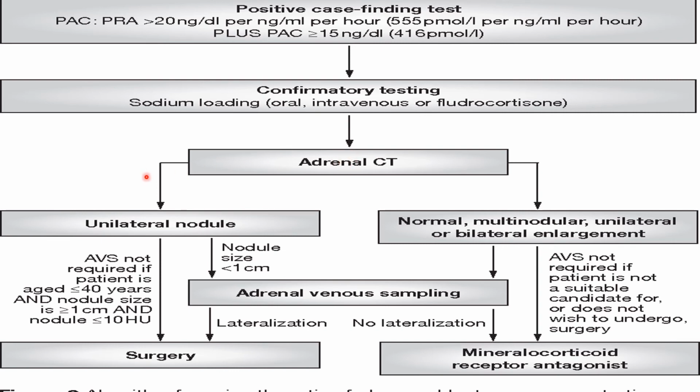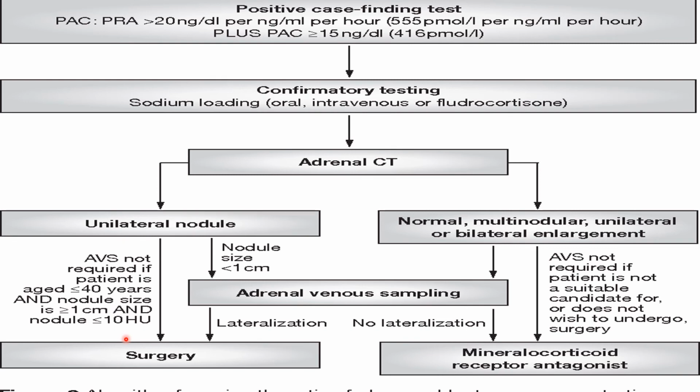In adrenal CT scan, if you find a unilateral nodule, and if the age of the patient is less than 40 years, very important slide, very important. If the age is less than 40 years, the size of the tumor is more than 1 centimeter, and the enhancement on CT scan is less than 10 Hounsfield units.